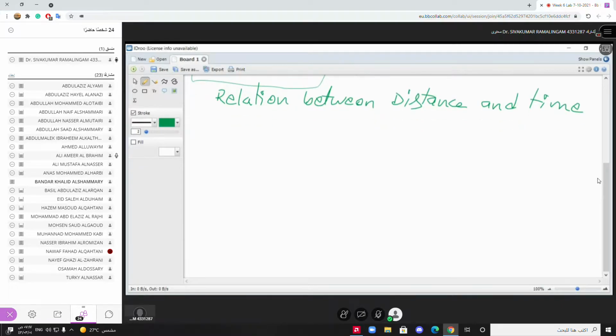Here I'm taking the same object. This is theta, right? This is theta. Now I take an object. The object is traveling on the slanting surface. The glider, it's called a glider.